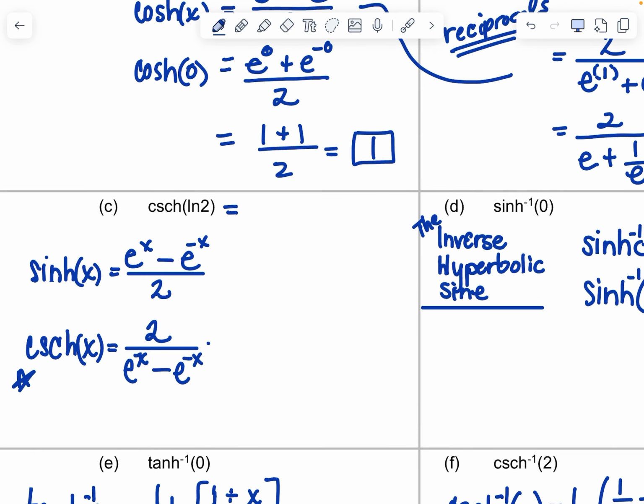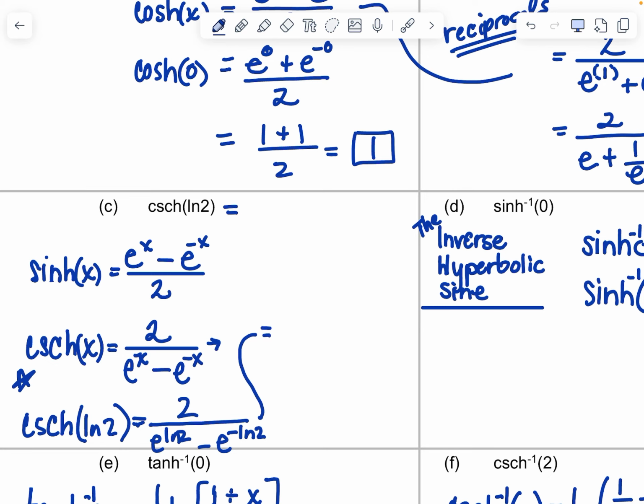So the hyperbolic sine of ln of 2 is equal to e to the ln of 2 minus e to the negative ln of 2, over 2, and the cosecant is 2 over that. That's going to be equal to 2 over 2 minus 1/2, which turns out to be 4/3. I'm going to leave it up to you to check that out if you would like to. So the hyperbolic cosecant of ln of 2 is just 4/3.